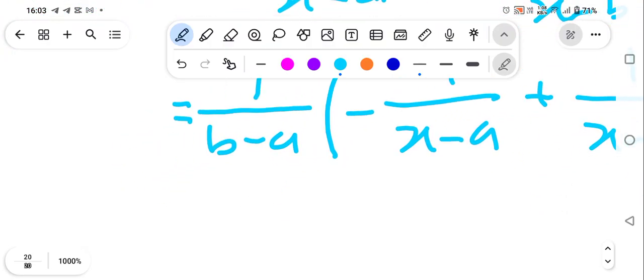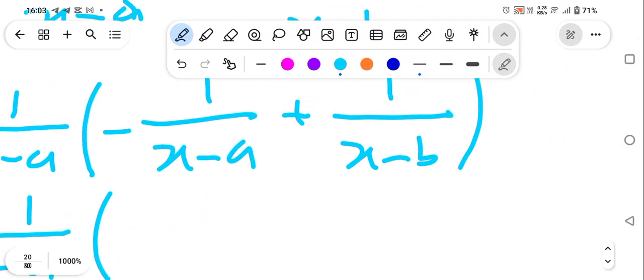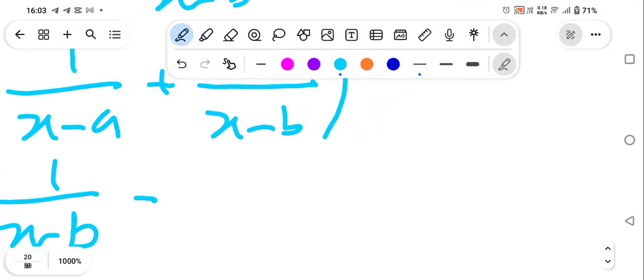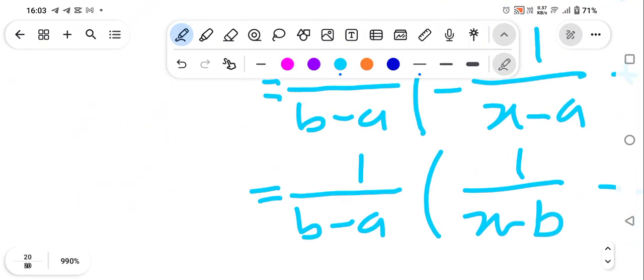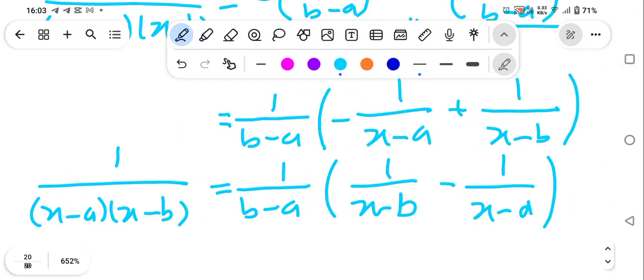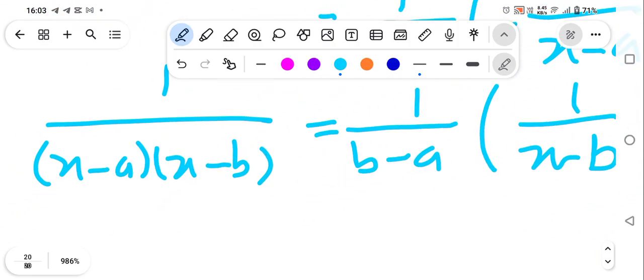So now this is equal to 1 over b minus a times 1 over x minus b minus 1 over x minus a. And that is equal to 1 over x minus a times x minus b. And there you have it. This is the general form for all a and b.